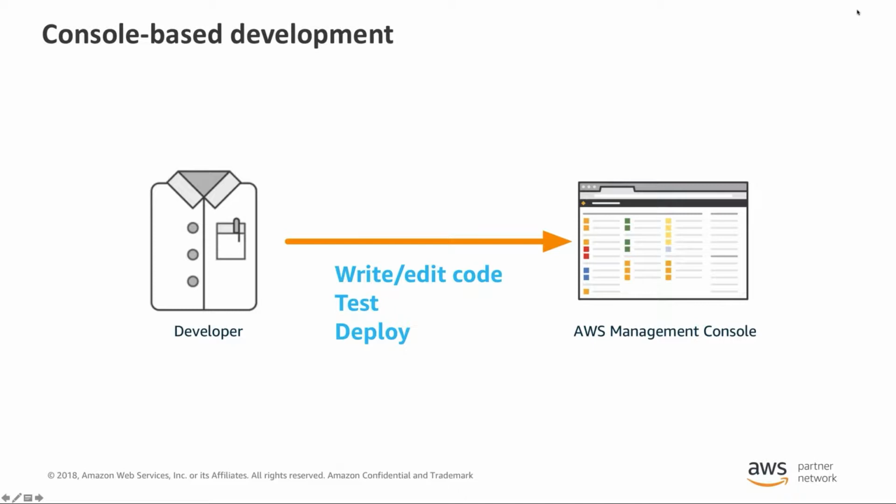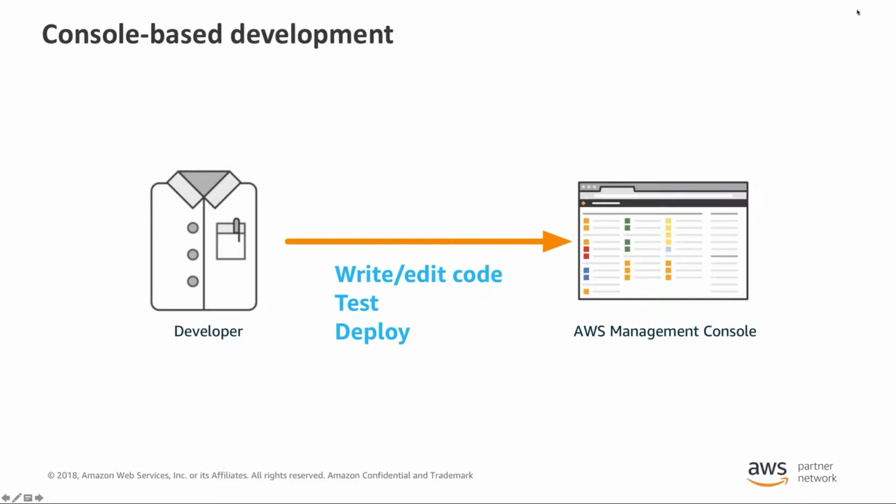I think that the vast majority of customers, typically their first exposure to writing Lambda functions is to open up the console, create a new function, maybe use something from the serverless app repo or a blueprint, but otherwise just type in some code directly into the integrated IDE that's part of the Lambda console, run it and test it through that process.